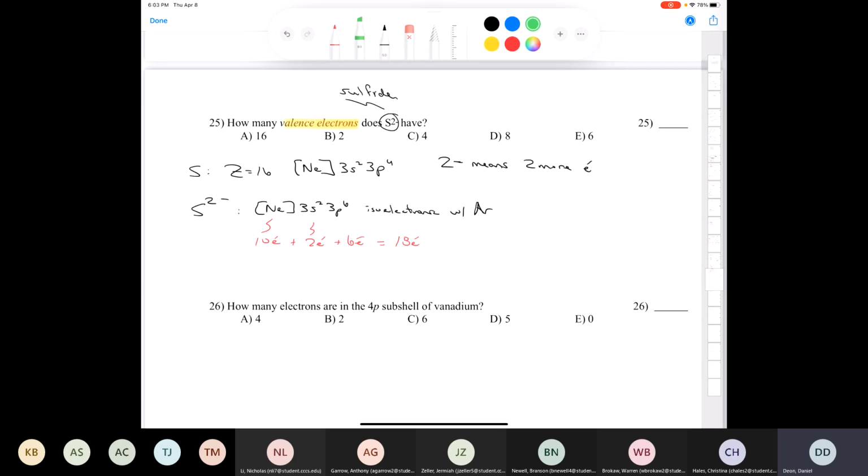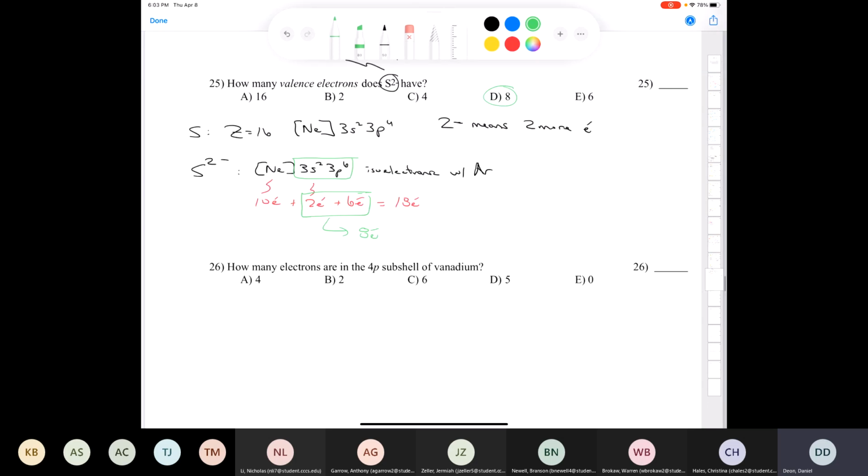The valence electrons are the outermost electrons, and so my valence electrons are the ones with the highest principal quantum number, being 3, and so the answer is 8. So 3s2, 3p6, I take 2 electrons plus 6 electrons, and I get 8 electrons for my valence electrons.